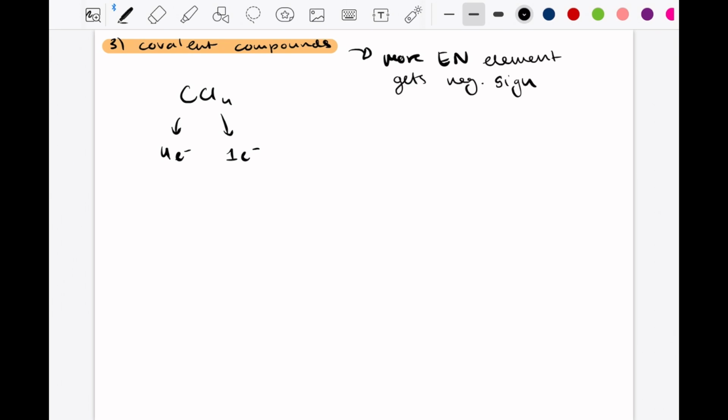This makes sense because the more electronegative element attracts the electrons closer to itself, so it's going to have a more negative charge. In this case, the electronegativity of chlorine is greater than that of carbon.